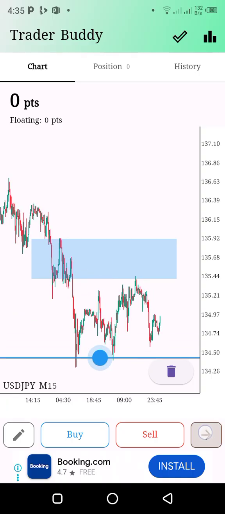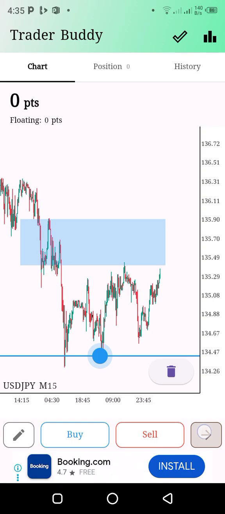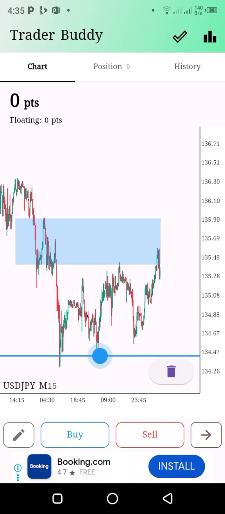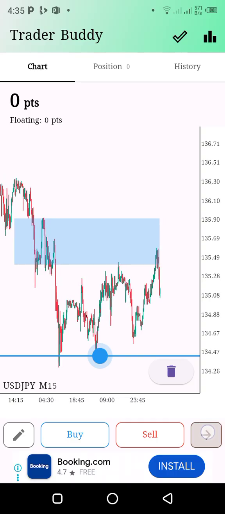I want to see what candle breaks. Or if market goes to the upside, I want to see it break that supply zone.